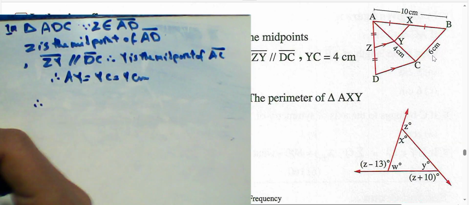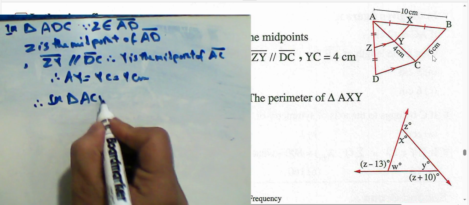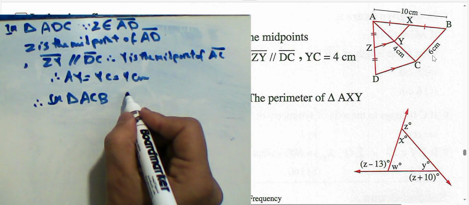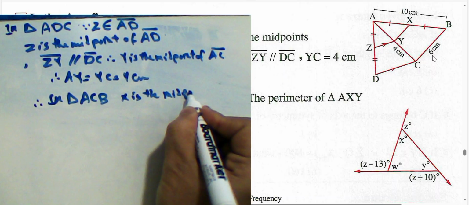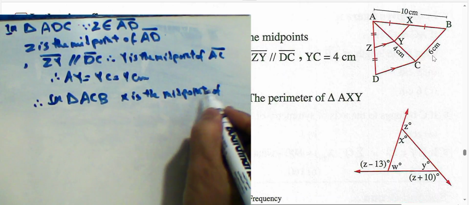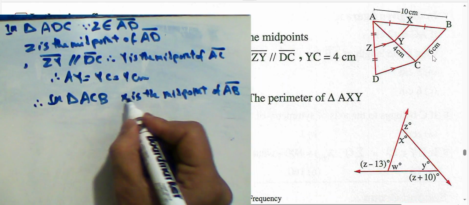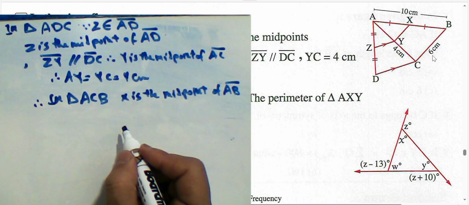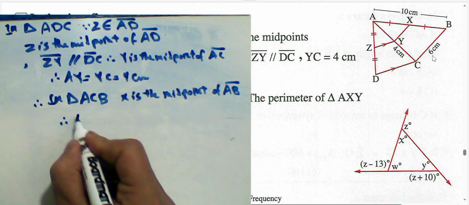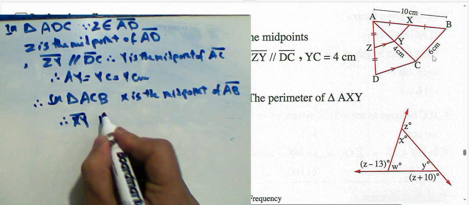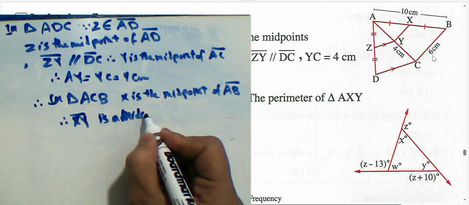Then we can write in triangle ABC by the right hand side. We have here X is the midpoint of AB. Okay, X is the midpoint of AB. Understood? Then you can write here XY will be what? The mid segment.